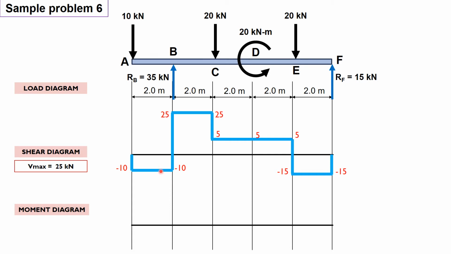Kung ang area ng shear diagram ay negative, the moment is also negative. So at point B, again, starting from 0, so 0 minus the area of this shear diagram, kasi negative yan. So 0 minus 20. So this will be your moment diagram for AB. 0 to negative 20.